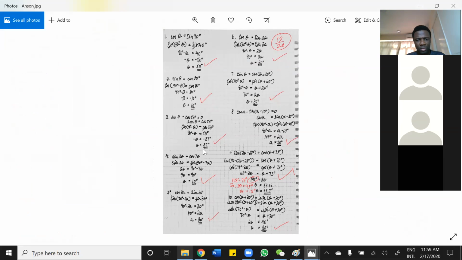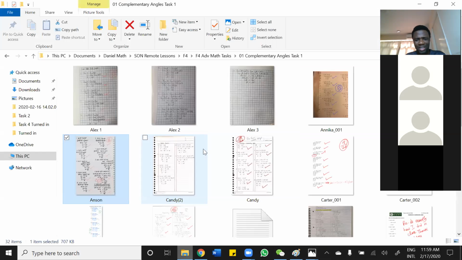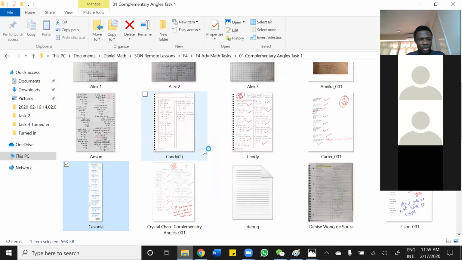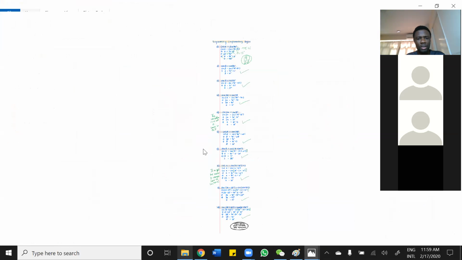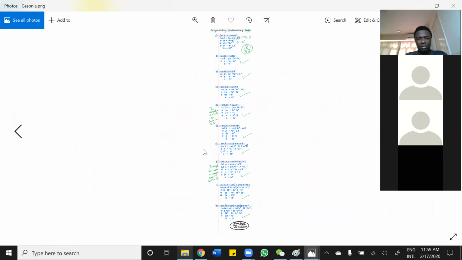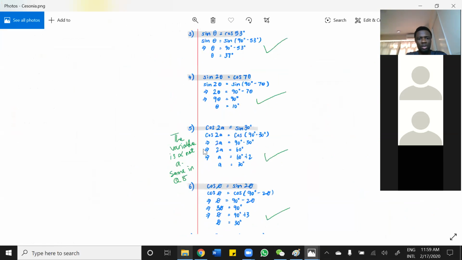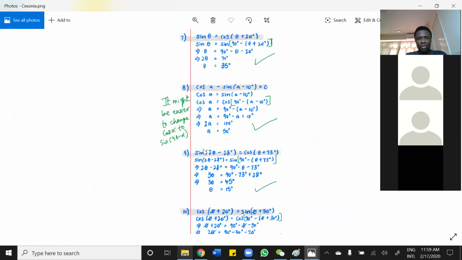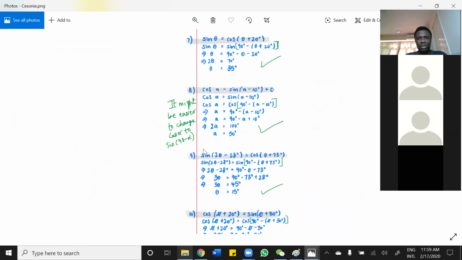No, because I took it with an application and Photoshop. Oh, well, you don't have to go through the stress, guys, of doing Photoshop. Just make sure you scan, or you could use Sonia's way of doing it. Look at that. She must have written using some application on Apple.